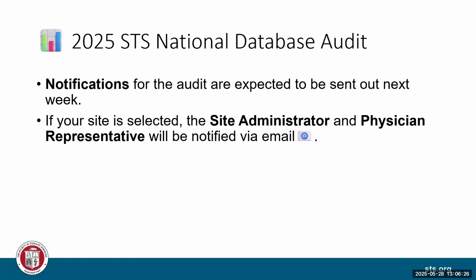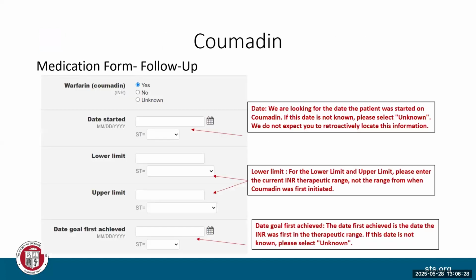Great. Thanks, Emily. All right, and then I just wanted to talk about the Coumadin fields. So as many of you have noticed, we have added some child questions to Coumadin on the medication form. So we're now collecting the date that Coumadin was started, the lower and the upper limits for the current therapeutic INR range, as well as the date the patient was first within the therapeutic range.